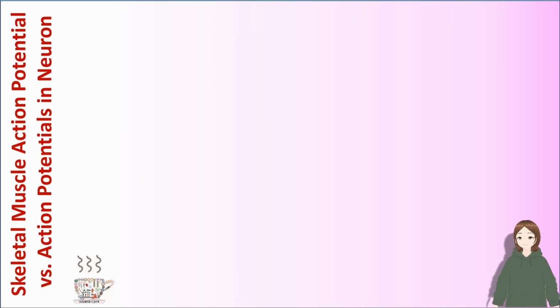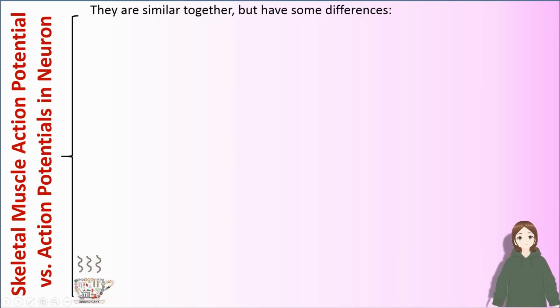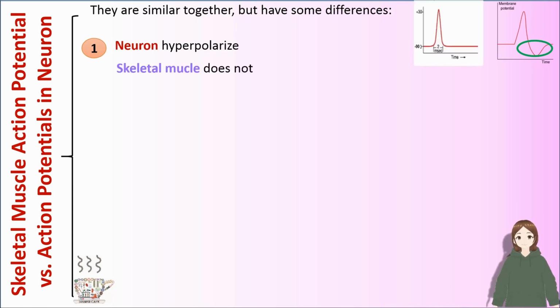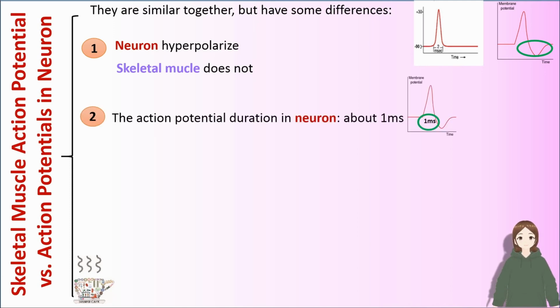A skeletal muscle action potential versus action potential in neuron. They are similar together but have some differences. 1. Neuron hyperpolarizes, but a skeletal muscle does not. 2.